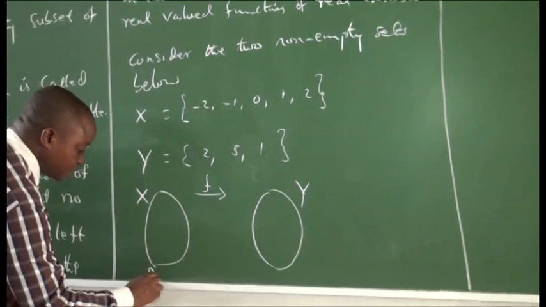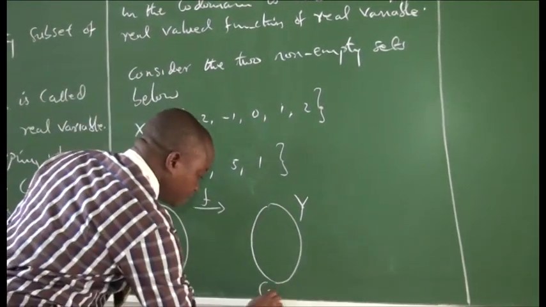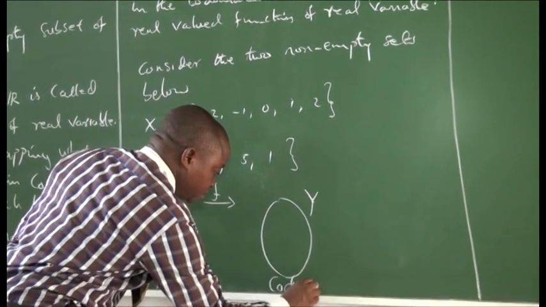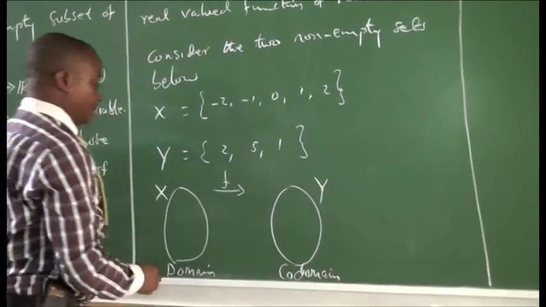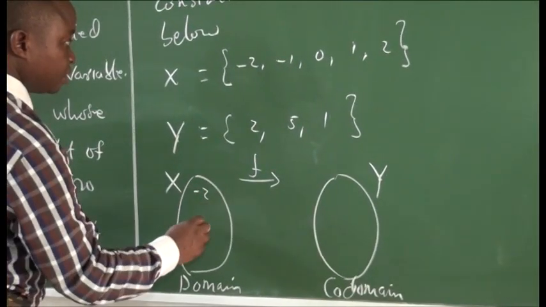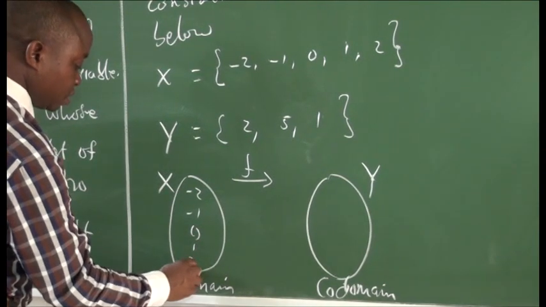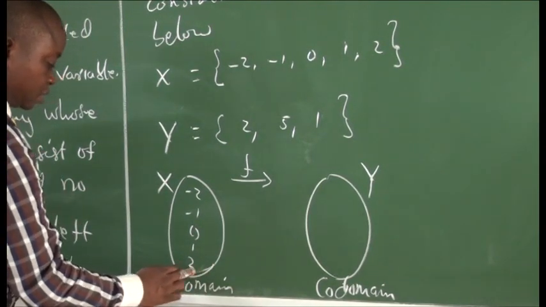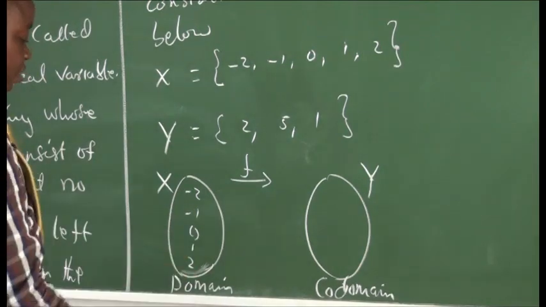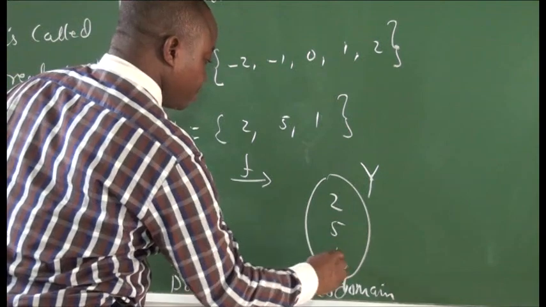This place is called the domain. This one is the codomain. The elements of set X are -2, -1, 0, 1, and 2. For set Y, we have 2, 5, and 1.